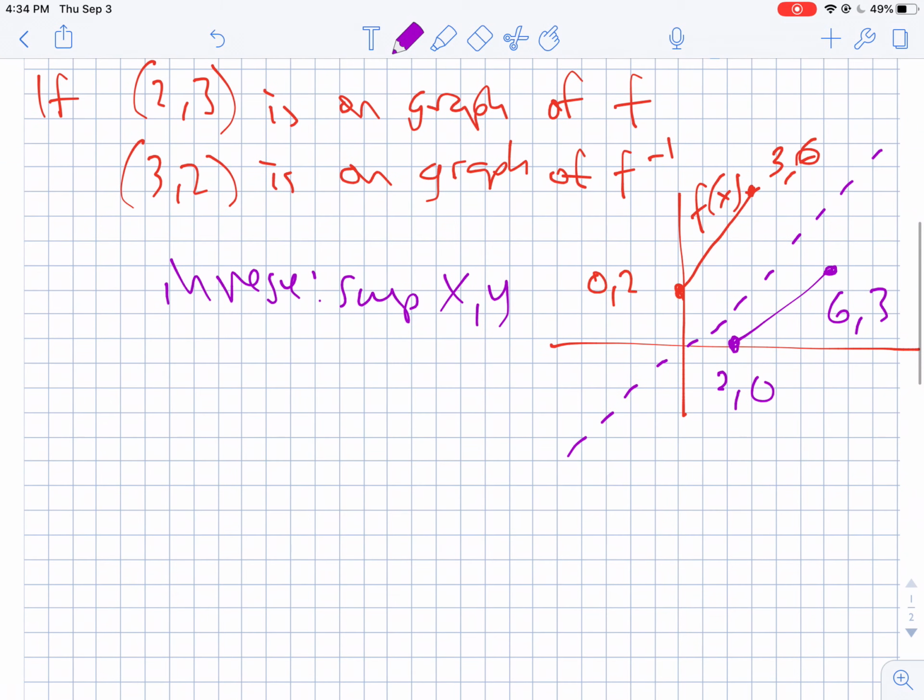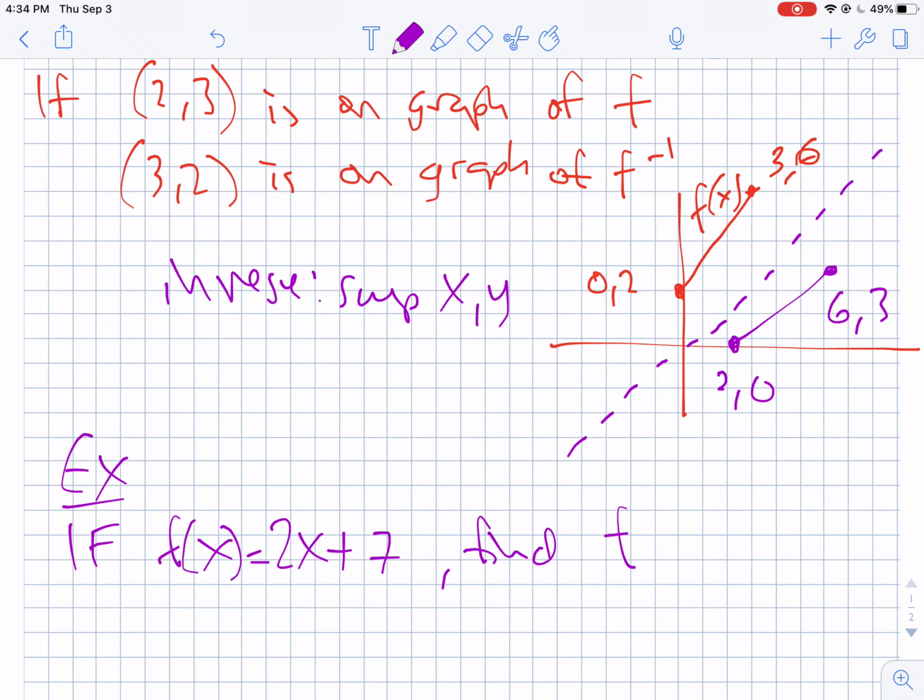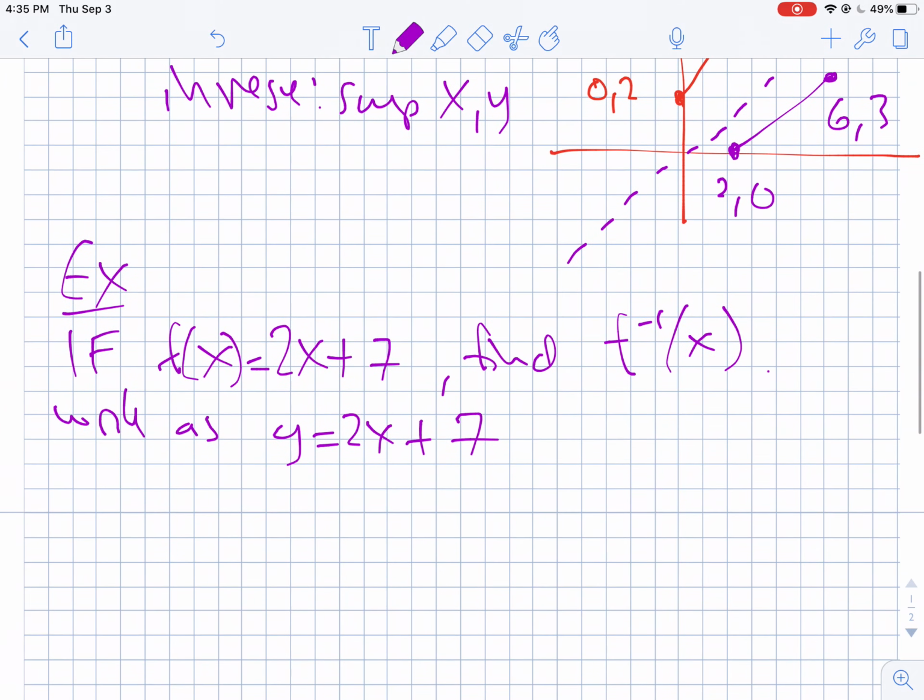One of the problems which may be useful to us along the way is to find an inverse function. So for example, if I tell you f of x equals 2x plus 7, and I ask you to find the inverse function, f inverse of x, here's what you do. You write this as y equals 2x plus 7. And then, when you get to an inverse, you just switch x and y.